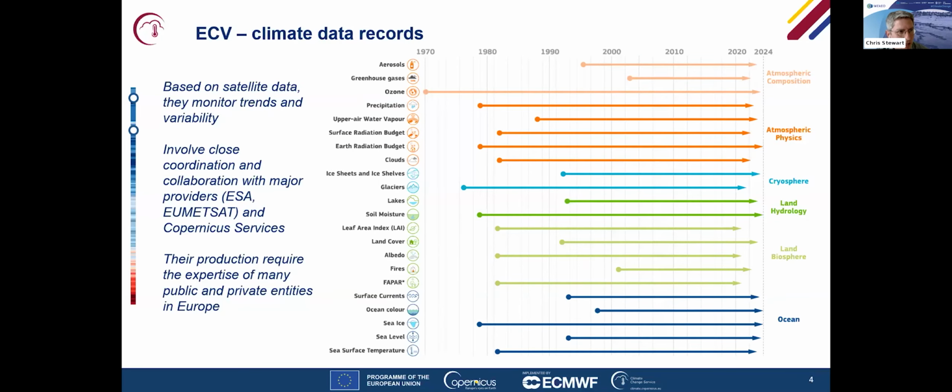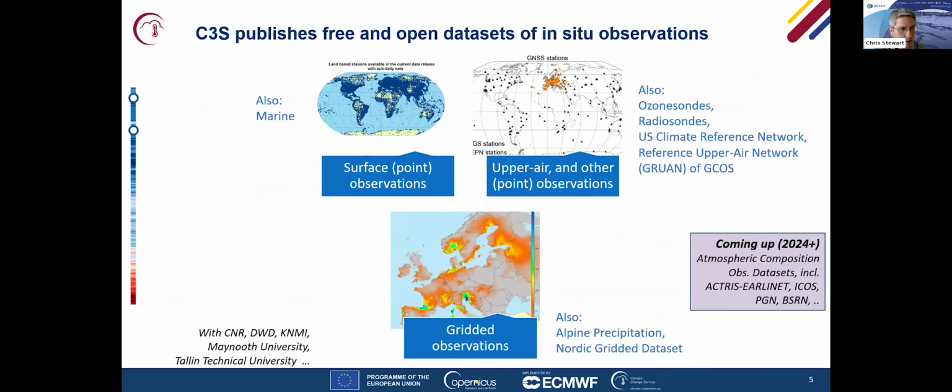And in this slide here, you see a set of climate data records of essential climate variables. So these climate data records are basically time series of essential climate variables going far enough back in time to be able to really characterize the variability and trends across different variables. So these are all available through C3S. And of course, WEkEO.